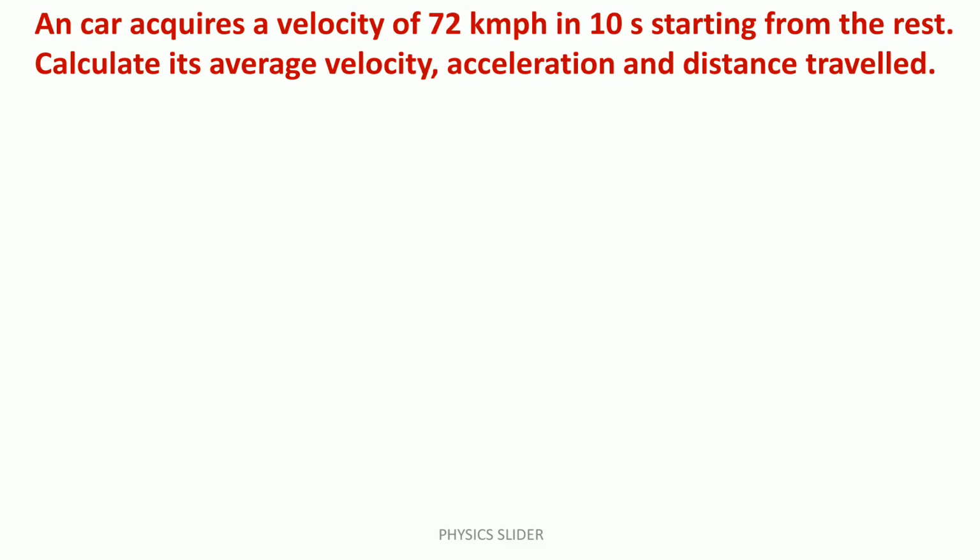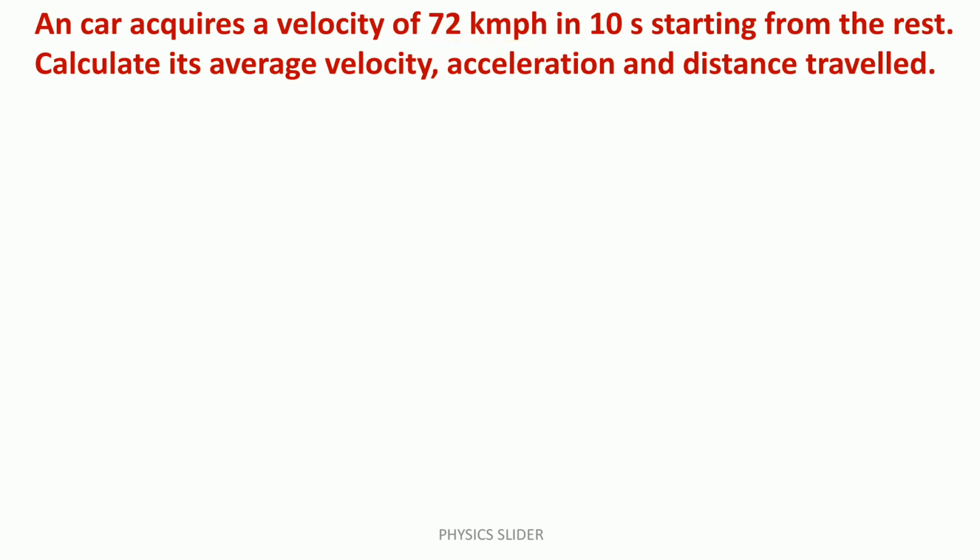A car acquires a velocity of 72 km per hour in 10 seconds starting from the rest. Calculate its average velocity, acceleration, and distance traveled. The car is starting from the rest means the initial velocity of the car is 0, means this velocity is the final velocity.